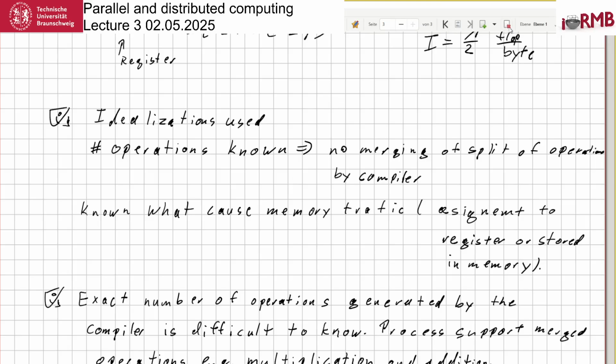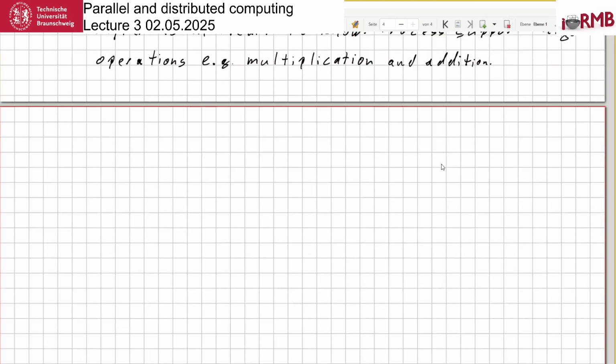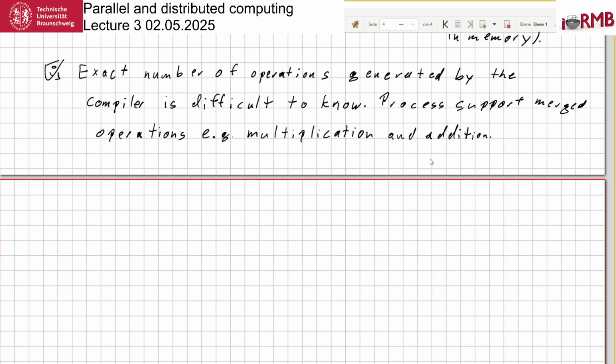The compiler may also do something else. For example, your compiler may decide to use the vector operations. But this is pretty advanced, and this will only be possible in some cases.